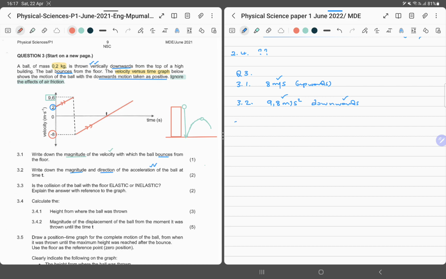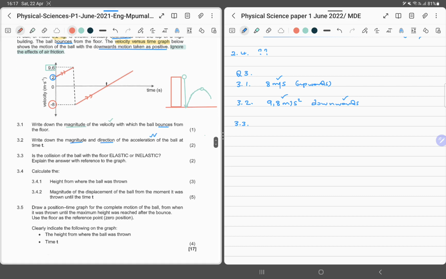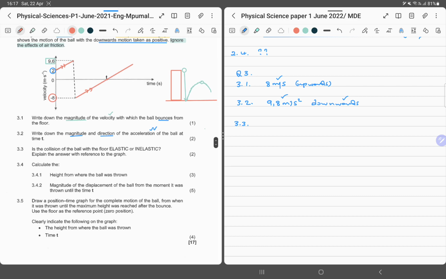So 3.3 says, is the collision of the ball and the floor elastic or inelastic? Explain the answer with reference to the graph. Now, I like this portion here. So you're not going to say other things but what is on the graph.